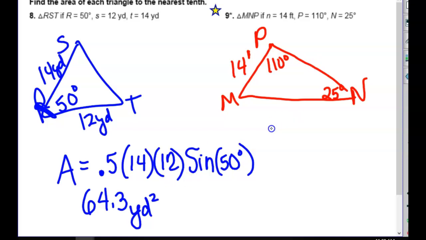I don't think we want to find all three sides and do Heron's formula. But if we have a 110 and a 25, that's 135, so is that 45? 60, 70, yeah, okay. So now we can find this missing side here by law of sines.